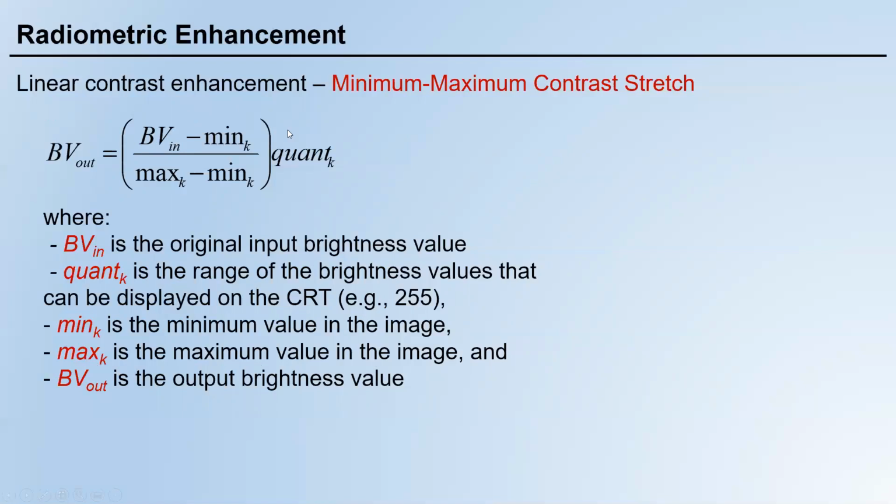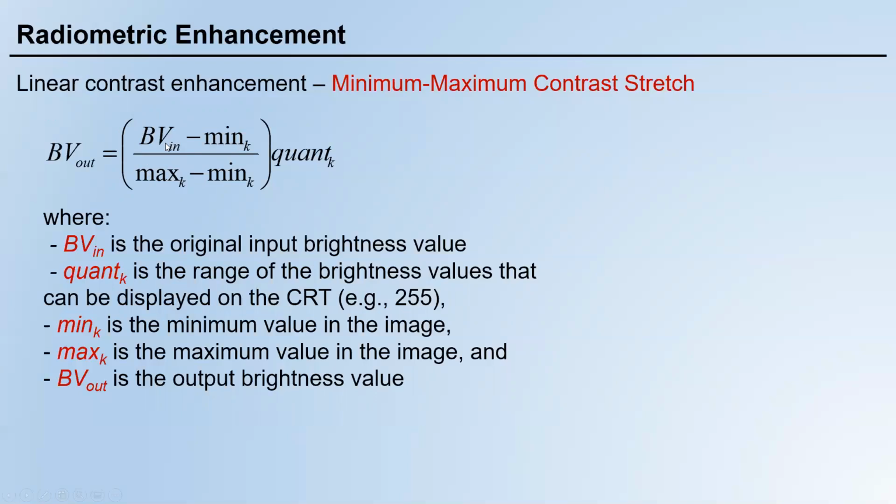Okay, so let's talk about this mathematical equation a little bit. So the denominator is the difference between the max and min values of the original image. And this difference here is used for normalization. Normalization of what? Normalization of the difference between each pixel's value and the min value of the original image.